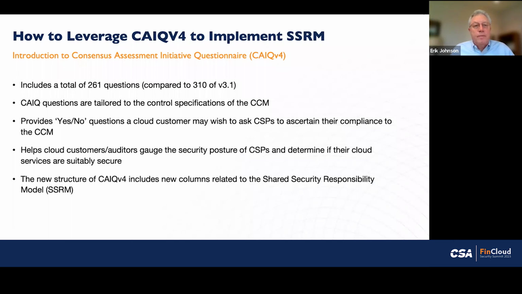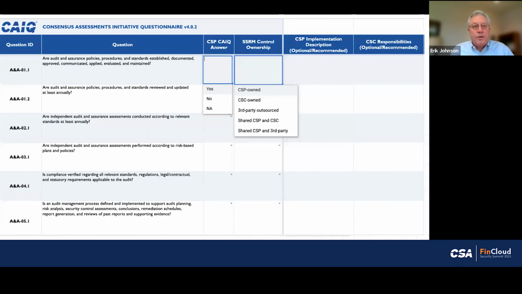So the first thing the CAIQ does is, does the CSP meet this control, yes or no, right? And then it says, is it CSP owned, we meet it fully, or is it customer owned, we don't meet it at all, or is it shared, right? And so in customer owned, it could be something that they outsource to a third party.